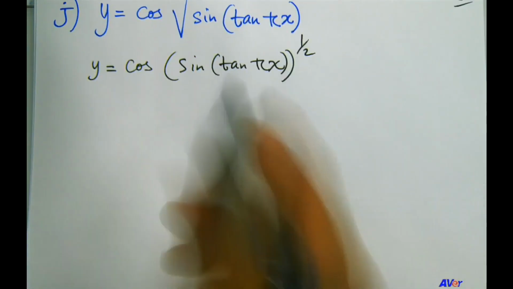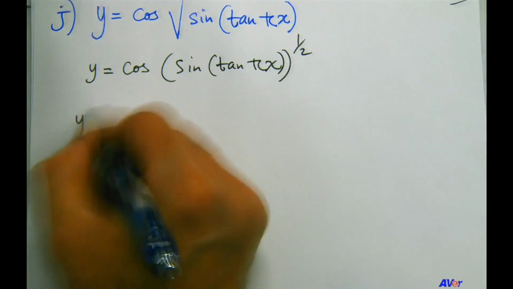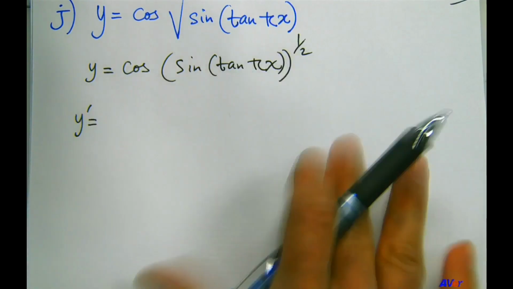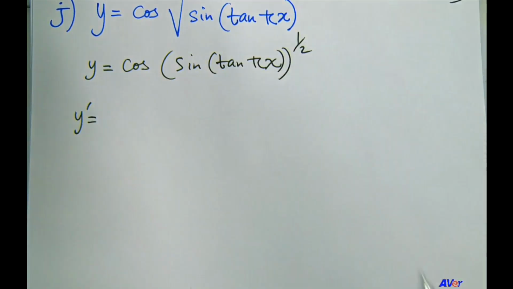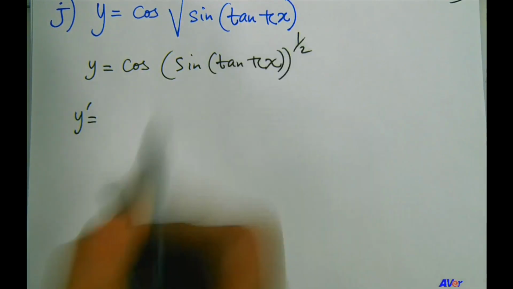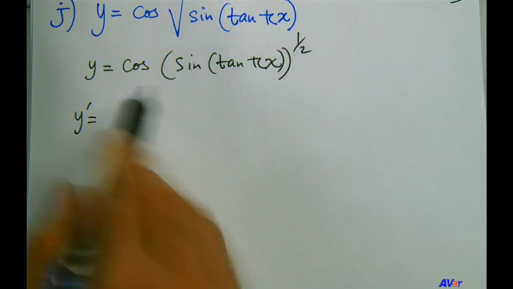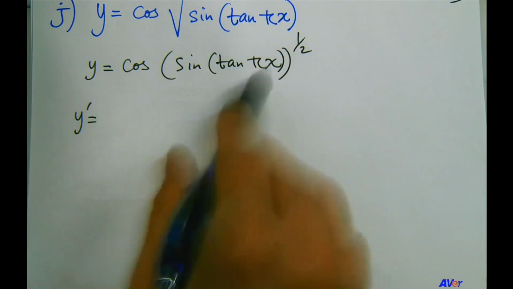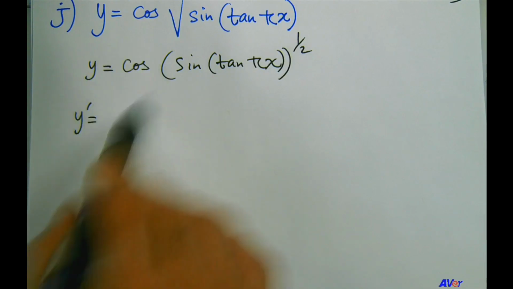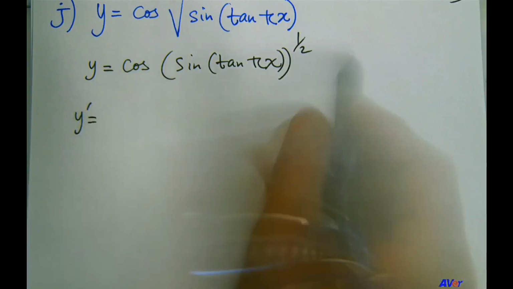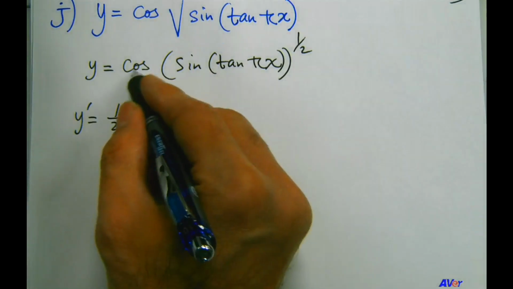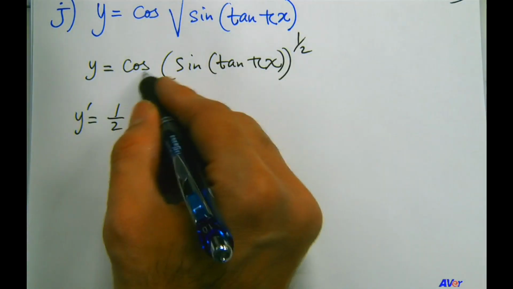Okay, so now we can find the derivative of this. So y prime would be, let's do this in one shot. We've now seen enough examples that it's easier for us to do that. So bring the 1/2 down. Let's see, 1/2 times the derivative of this, so 1/2 here times this would be minus sine, right?